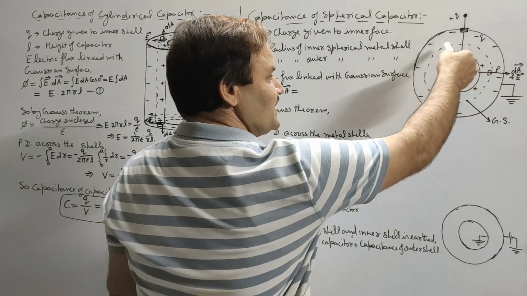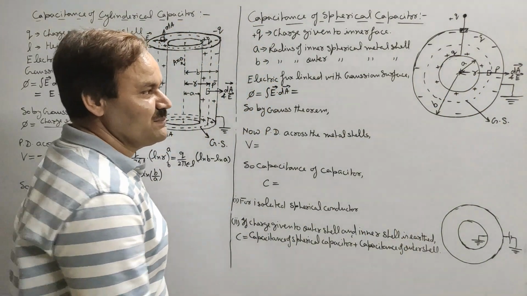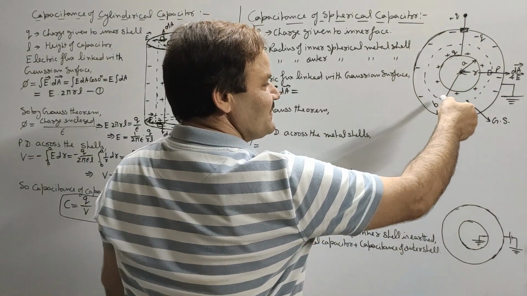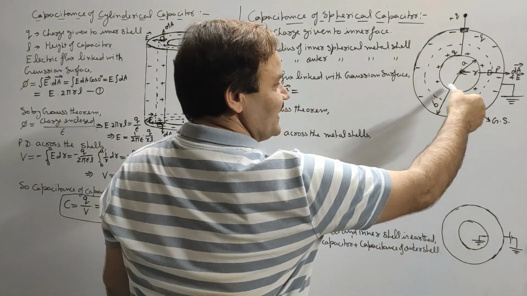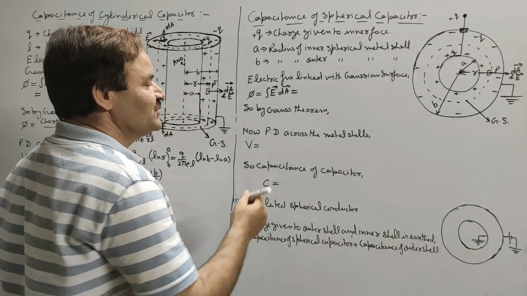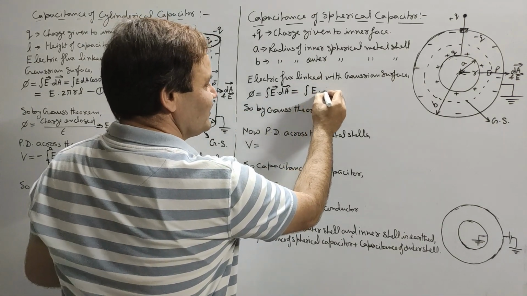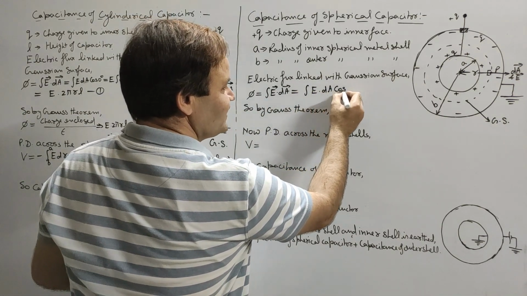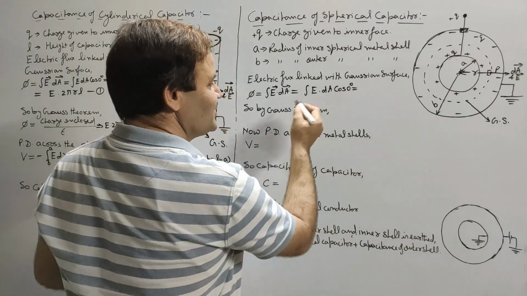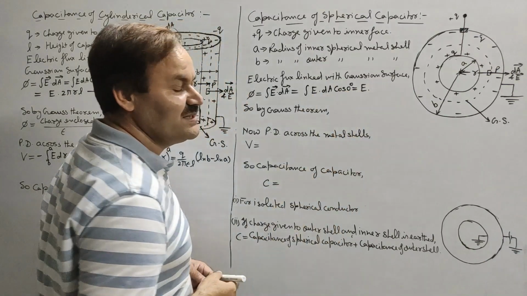Electric field at each point on this Gaussian surface will be constant, because Gaussian surface is symmetrical around the inner shell, which is containing the charge plus Q. So electric field being constant will be taken outside the integration, and we will get E into integral dA.